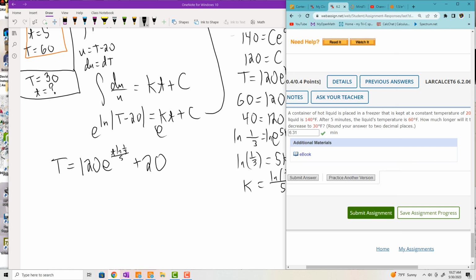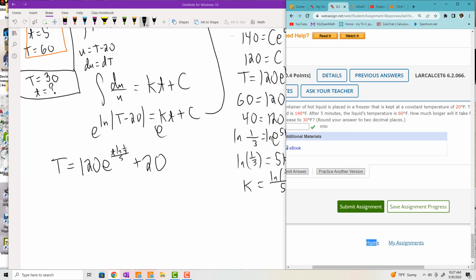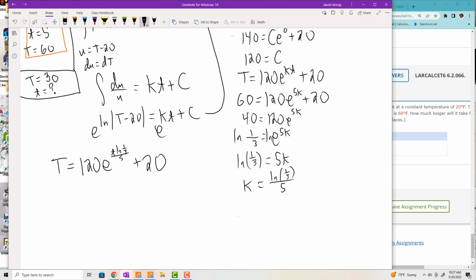And now they want to know what the heck is little t. So how much longer will it take for the temperature? We just want to find first the time it takes to reach 30, and then we'll determine the time it took from the temperature getting to 60 degrees to the temperature getting to 30 degrees. Okay, so I'll have 30 equals 120 e to the power, and I'm solving this time for t. Move the 20 over.